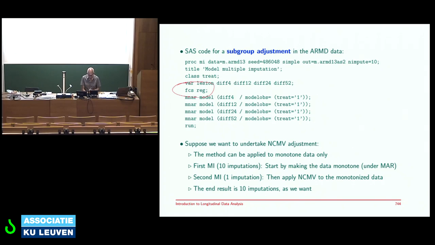Okay. NCMV, we have already discussed it, we've seen illustrations of it, but the thing is, you can apply it to monotone data only. Now, again, there may be the annoying feature, think of the ARMD data set, that there is a small amount of non-monotone missingness. Well, what you then can do is say, okay, the non-monotone missingness, I don't consider serious dropout, etc., because it isn't dropout.